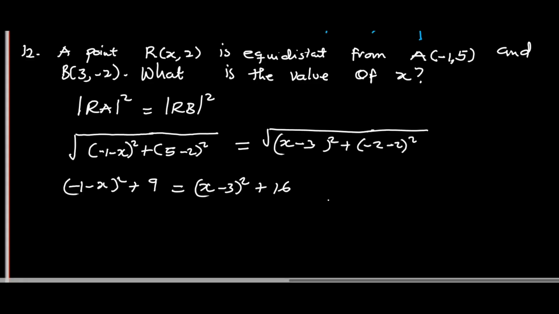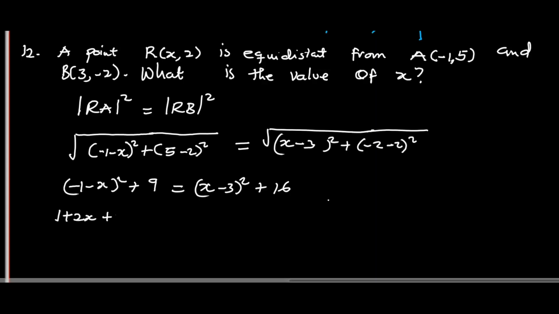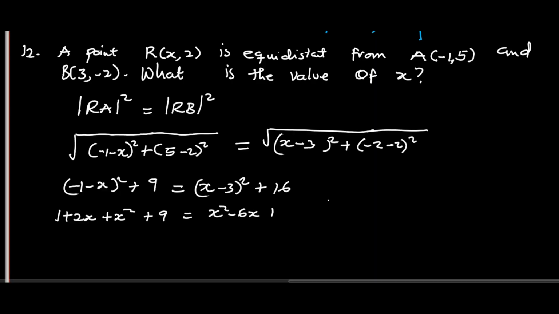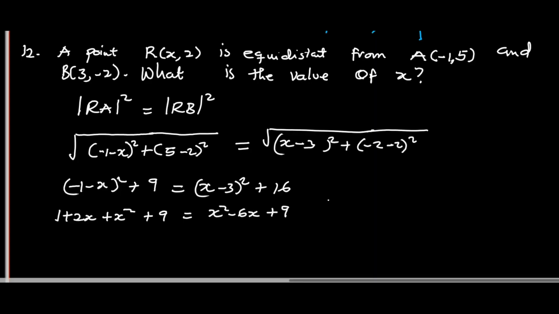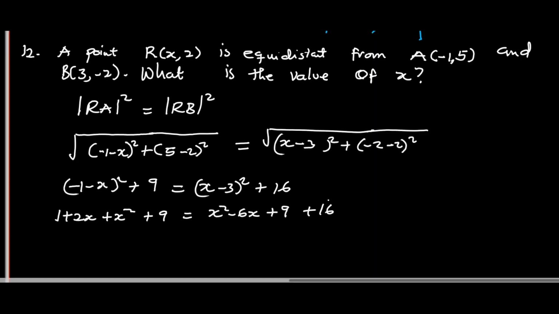Now we can simplify what we have here: x times negative 1 times 1 gives 1 squared, that is 1, then plus 2x plus x squared, plus 9 equals x squared minus 6x plus 9 plus 16.